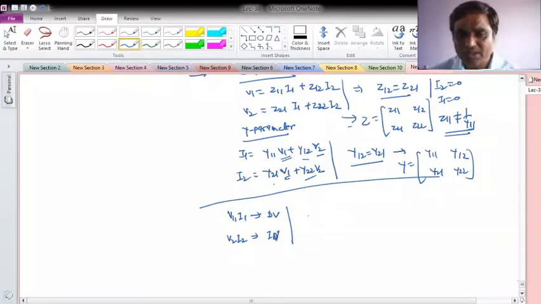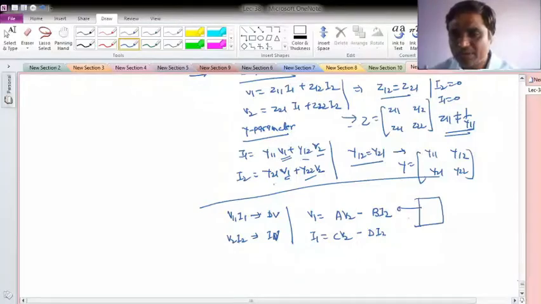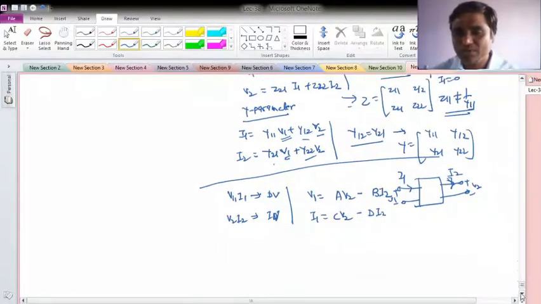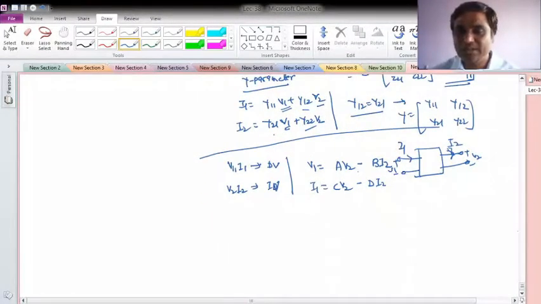V1 is A V2 minus B I2, whereas I1 is C V2 minus D I2. The negative sign comes because in power transmission systems the current direction for I2 is taken just opposite to the direction we considered for the computation of all the other parameters.